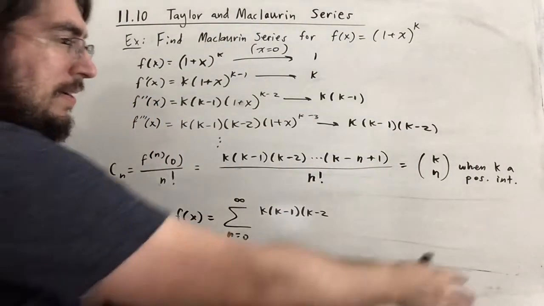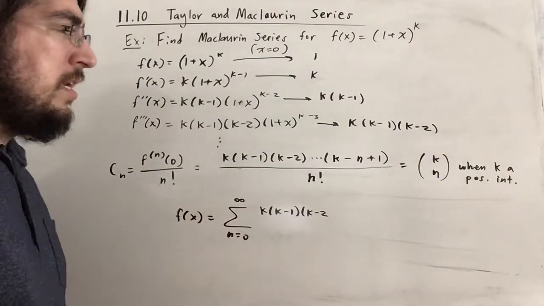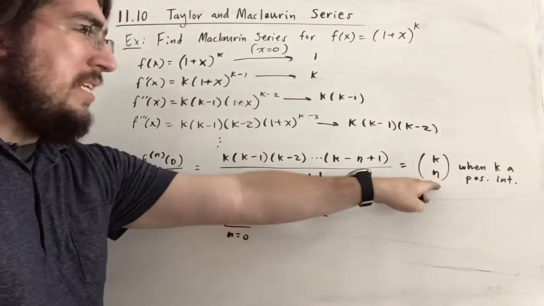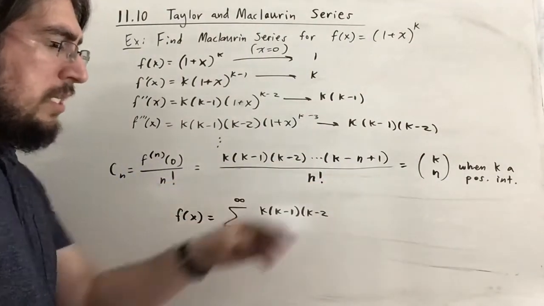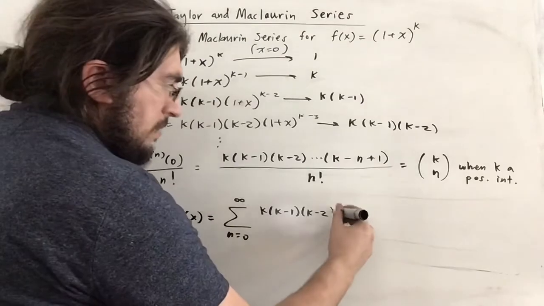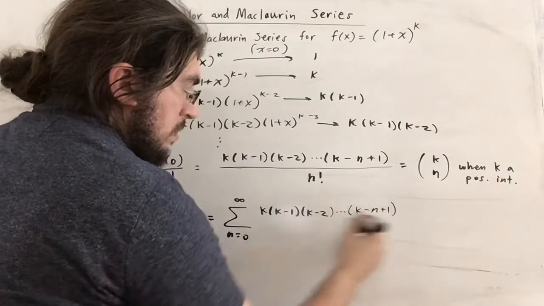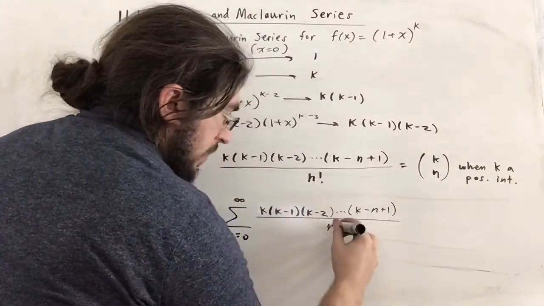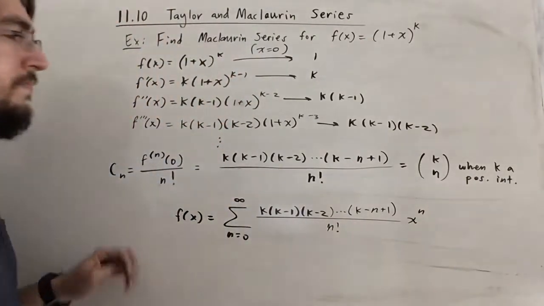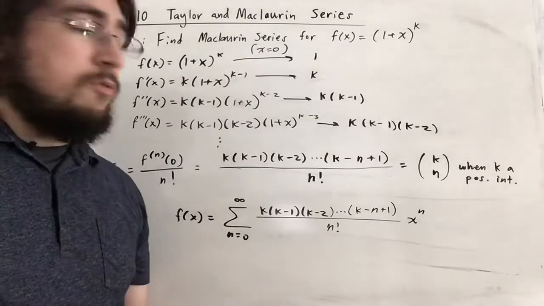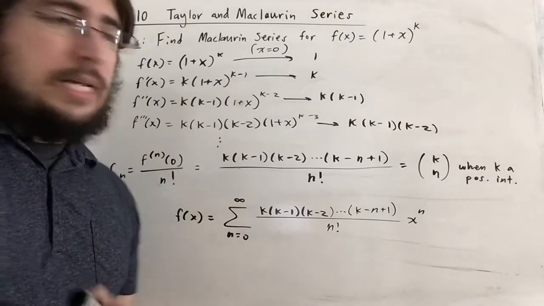But I'm just used to using this notation only when we have integers to deal with. But if we take this as being defined as this for all values of k, then I'm okay with using that notation. But just because I already started this, I'm going to go with kind of where I started things out. So that times x to the n. Good. Because again, the center is at 0 for Maclaurin series. All right, so that's it for this one.